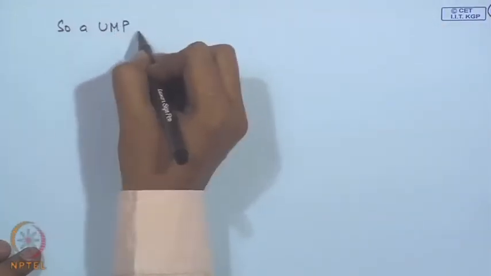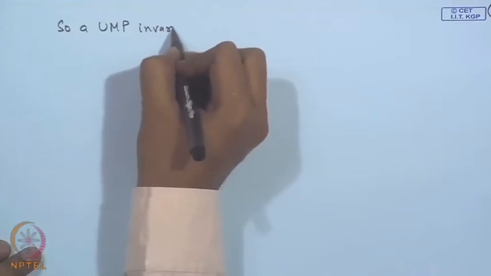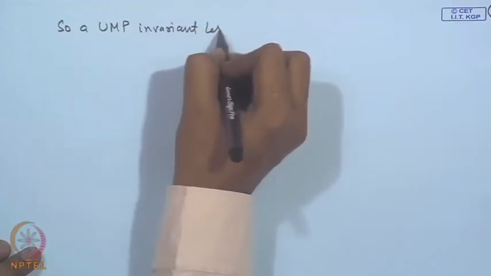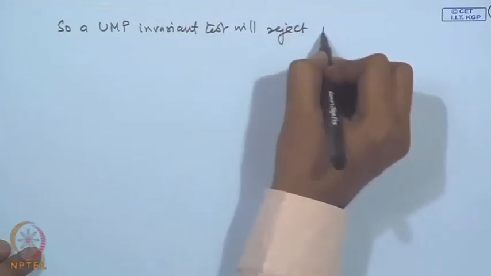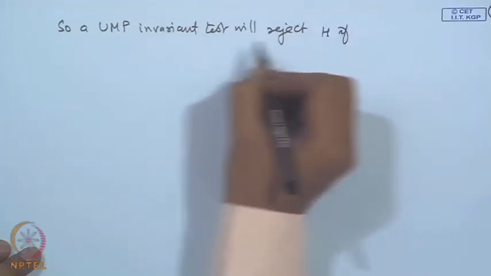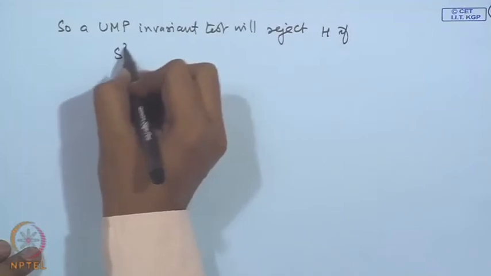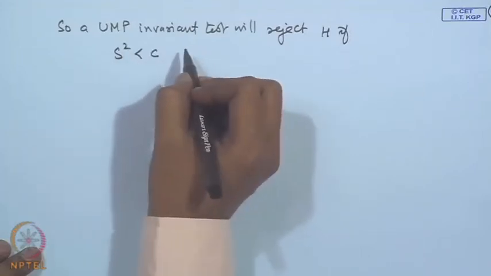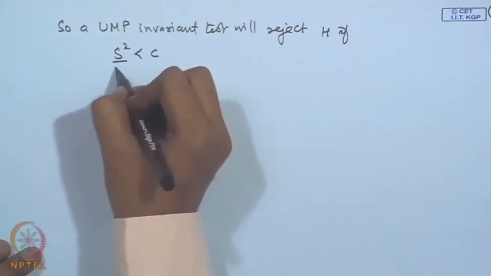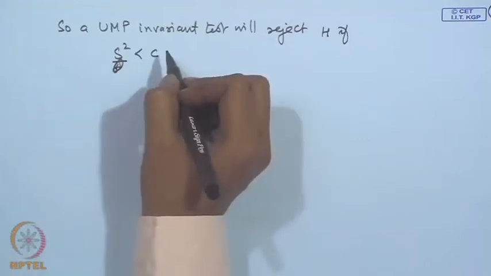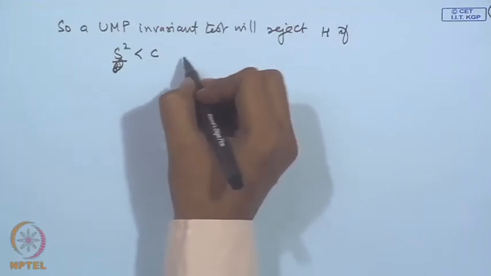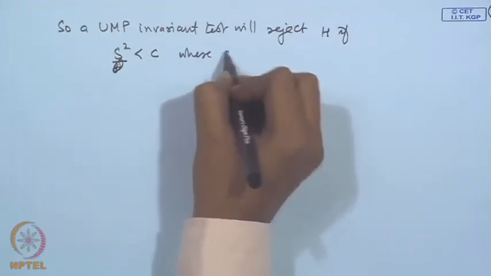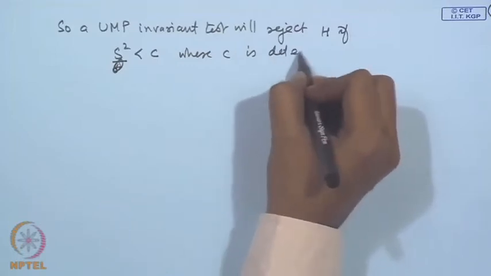So a UMP invariant test will reject H if s square is less than C, where C is determined by the size condition.